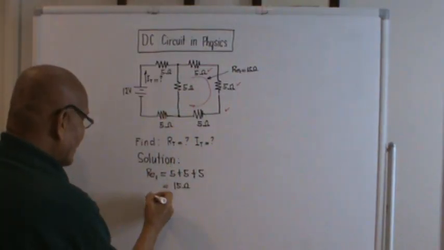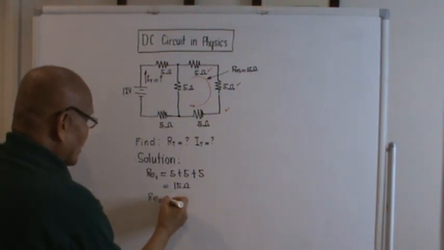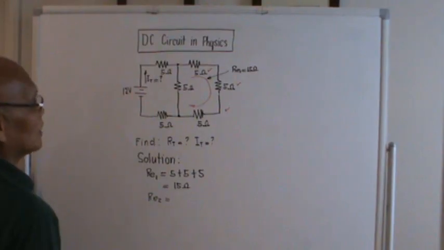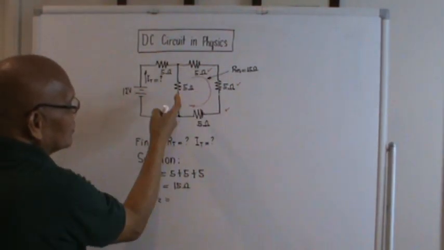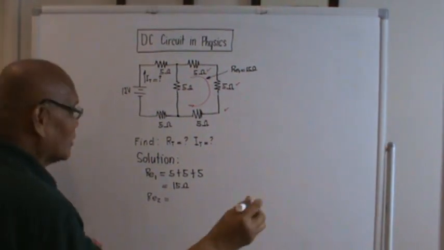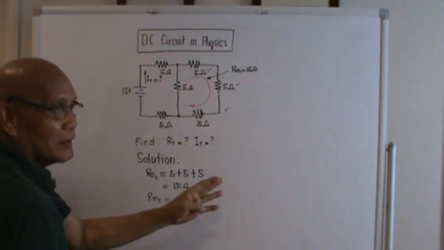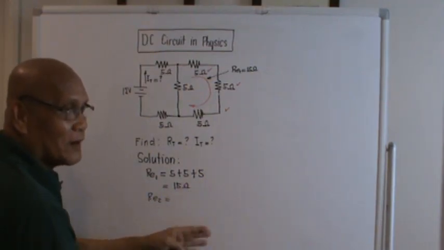And we will designate the single equivalent of that to be RE2. And this should be equal to this 15 here, the single equivalent of these 3, in parallel with this 5 ohm here. The concept is there are only 2 resistances in parallel.